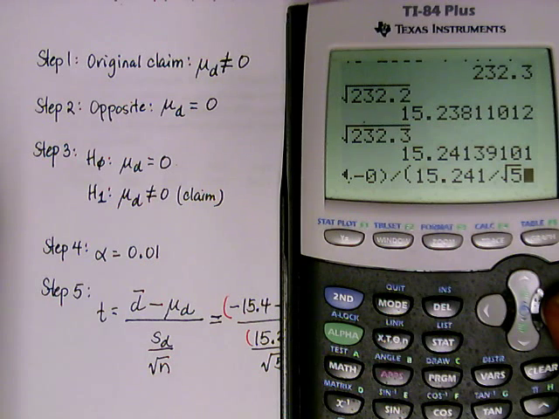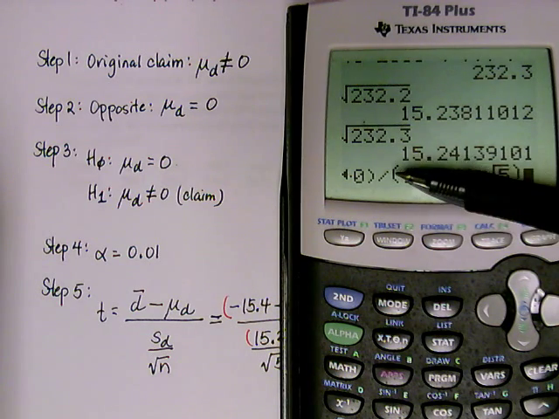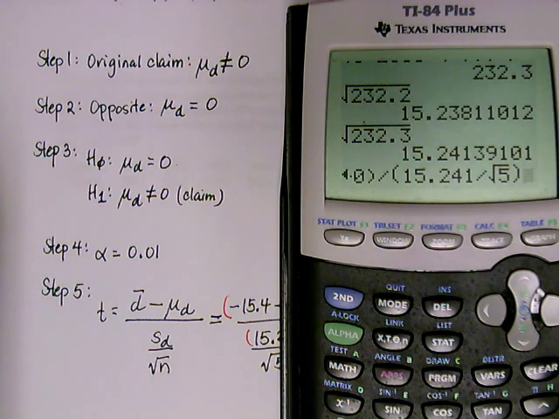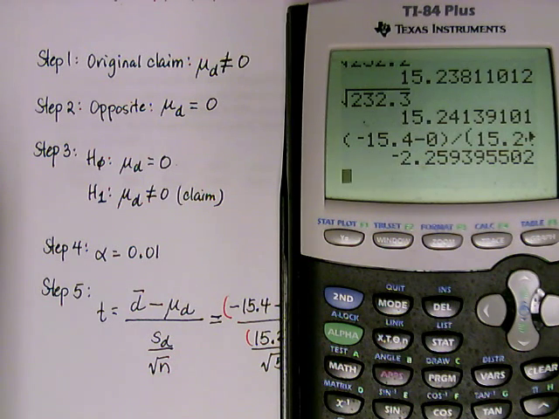Now, the right arrow key gets you out from underneath the radical, but for the 83 you have to close your parentheses for the square root, and then you have to close it again like I'm doing here on the 84 plus to close out the parentheses for this first one that we opened. And then we go ahead and press enter.